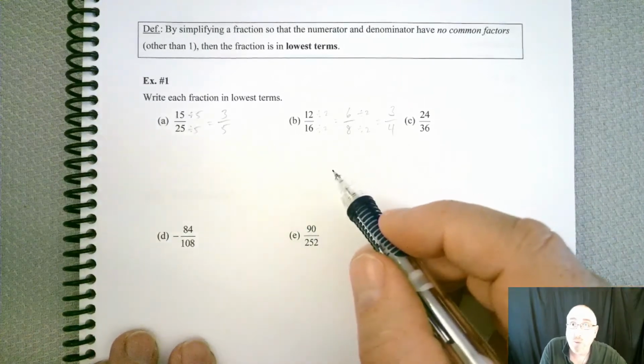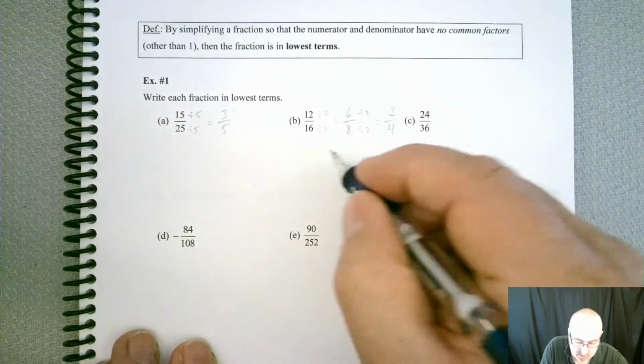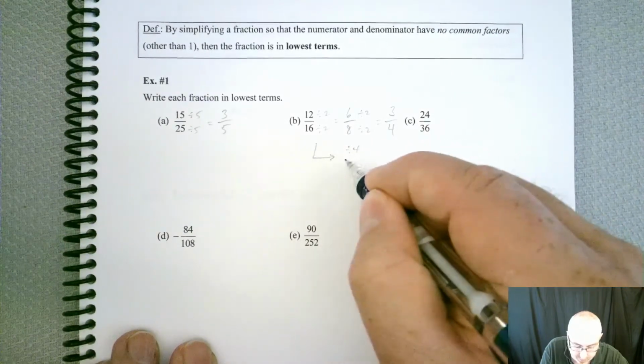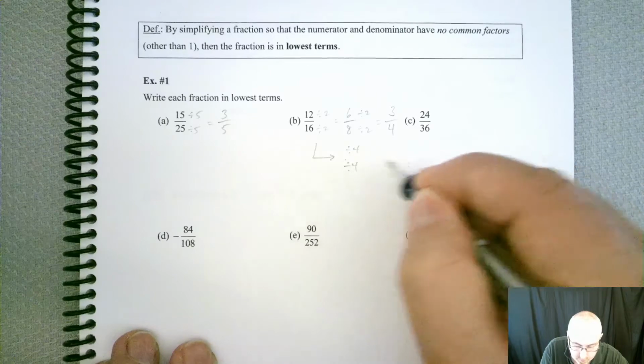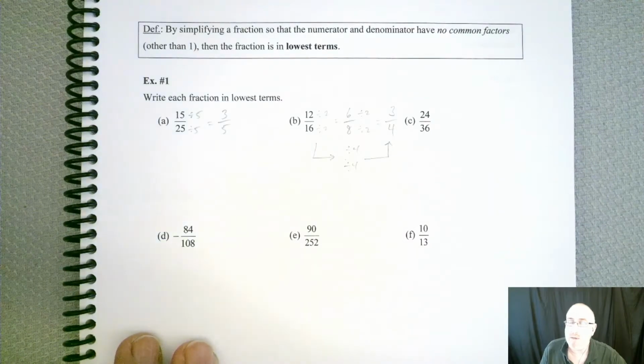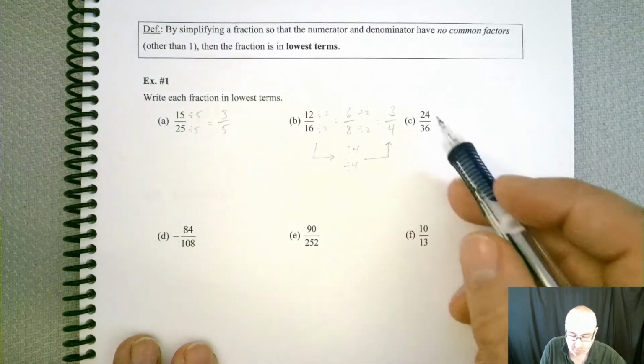Now, could we have done that in one step? Sure. Instead of dividing by 2 twice, we could have divided the top and bottom by 4, and that would have got us to our answer in one step. It's nice to be able to do it in one step, but it's not required. If you've got to do it in multiple steps, do it in multiple steps. Case in point, 24 and 36.